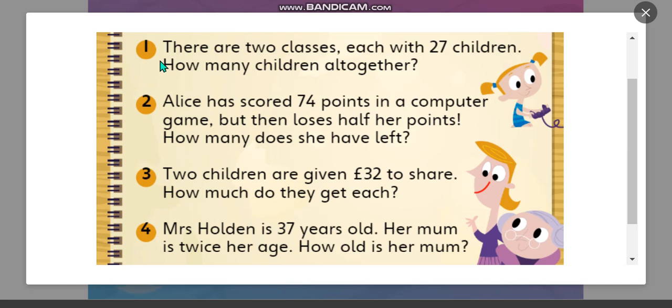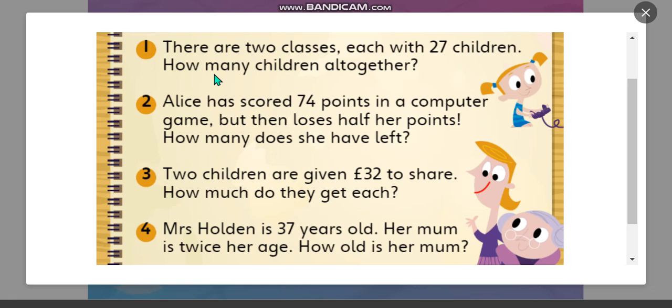So there are 2 classes, each with 27 children. How many children all together? So are you going to double or are you going to halve? Okay, so the answer for the first one is you are going to double. Alright, so you're going to check your answer there.